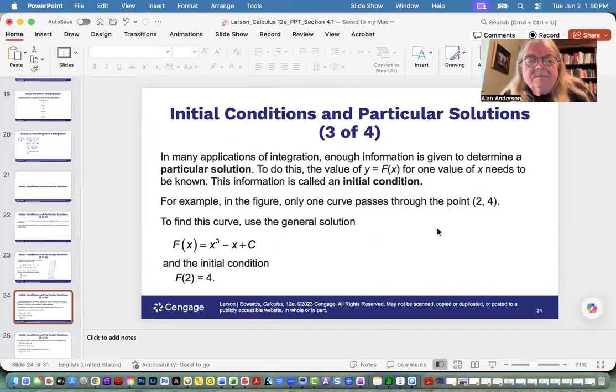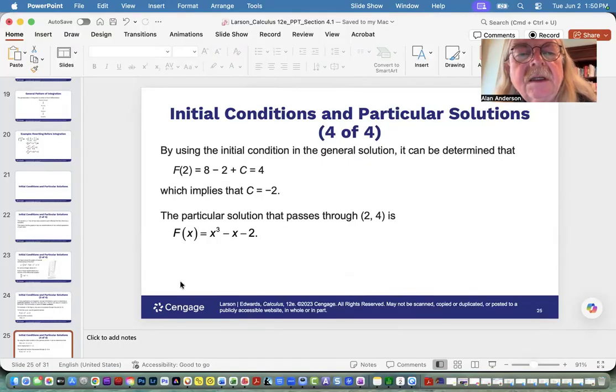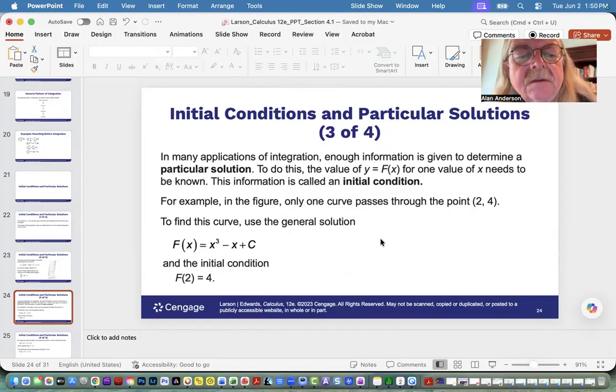And so, like here, just as a quick, simple example, if you're told that the antiderivative is x cubed minus x plus c, but we're also told that our solution cuts to the point 2, 4, then we can substitute here. And so we're told that when x equals 2, y equals 4.